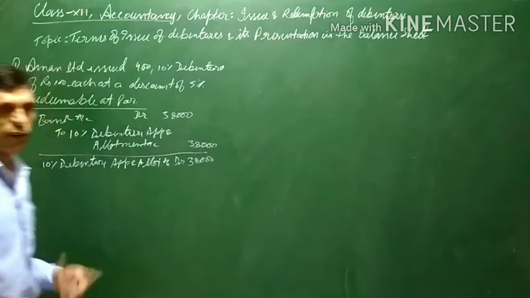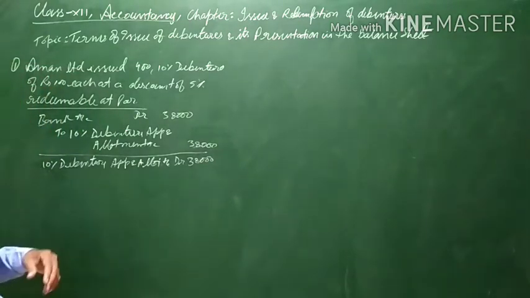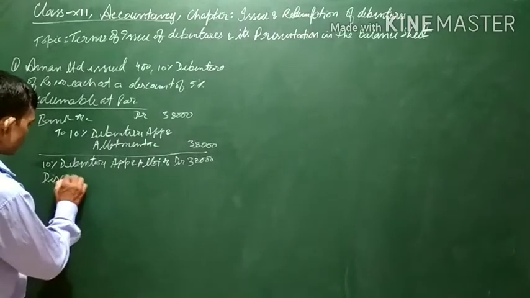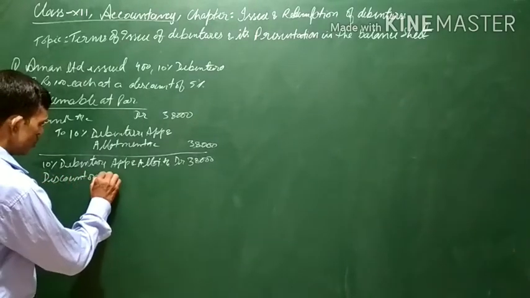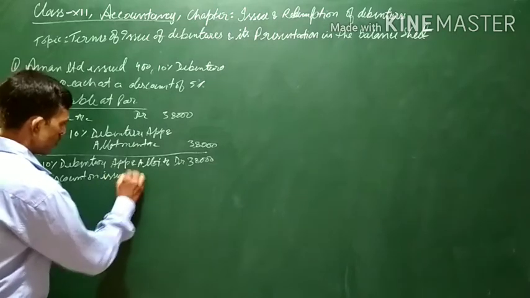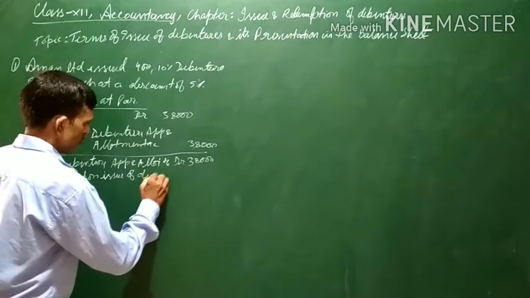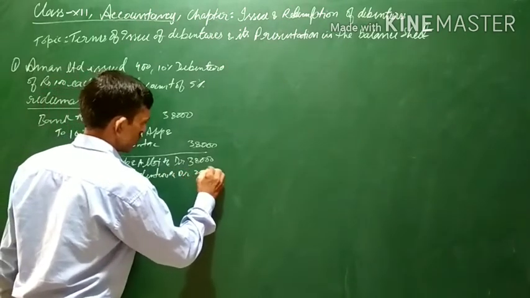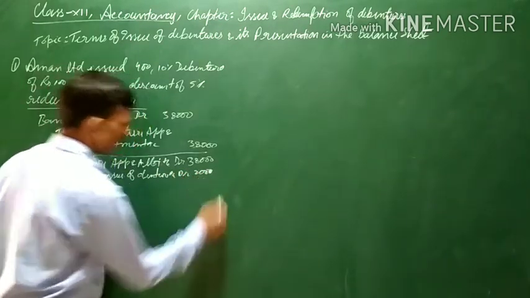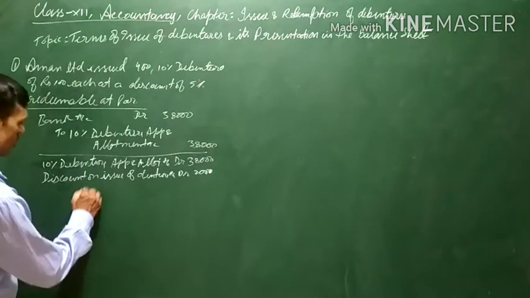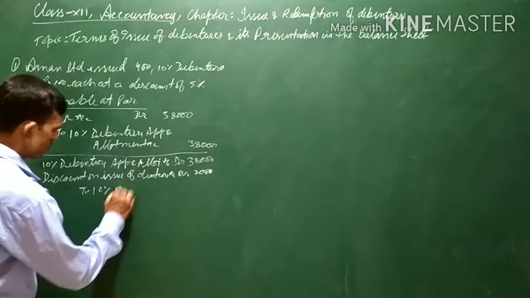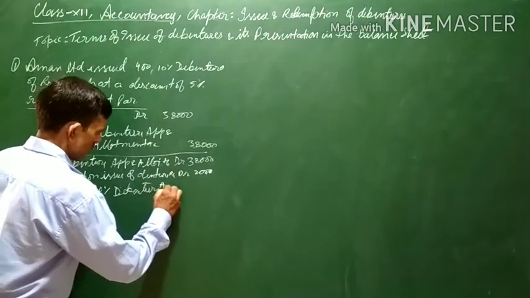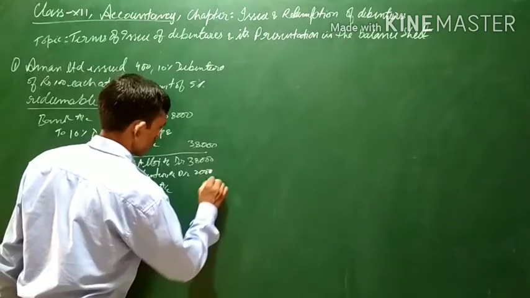So this discount of 5% is a loss for the company, and for this, discount on issue of debenture account will be debited. Discount on issue of debenture account debit 2,000 is the amount of the discount, and the total liability on account of debenture will be to 10% debenture account. This will be the general entry.